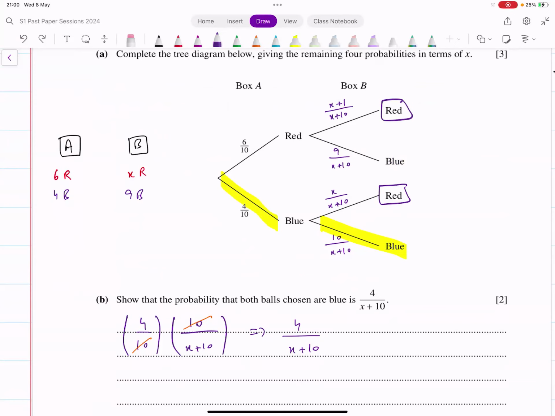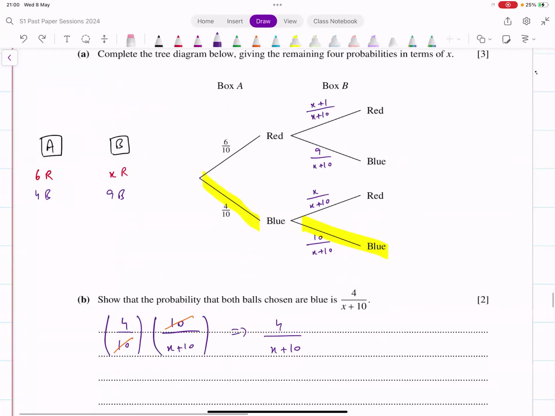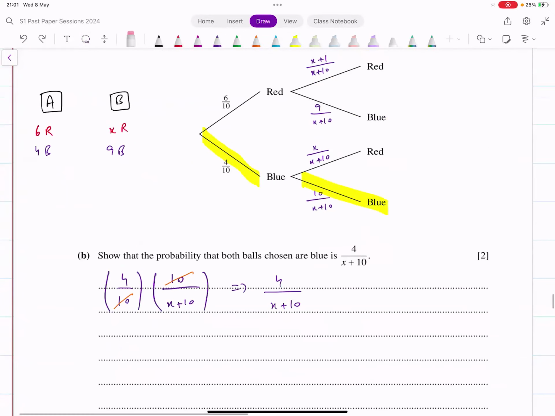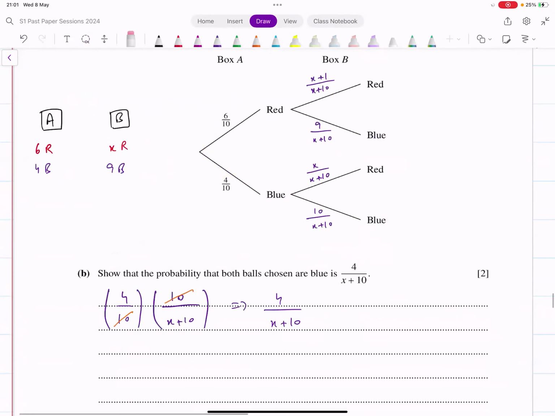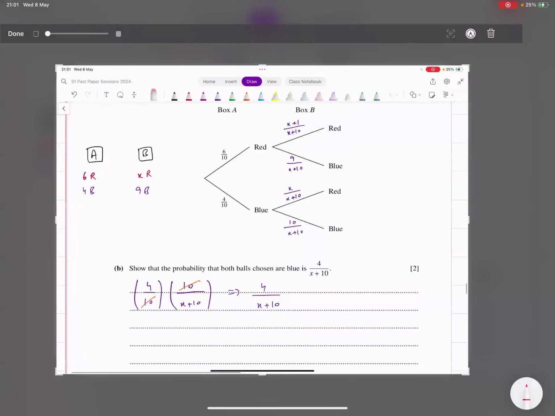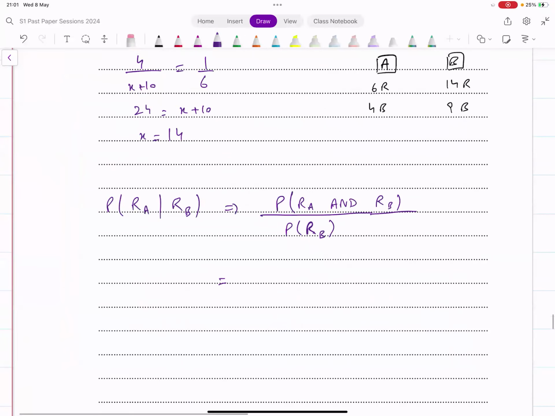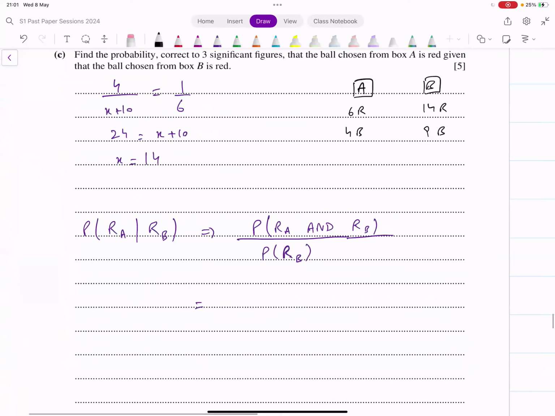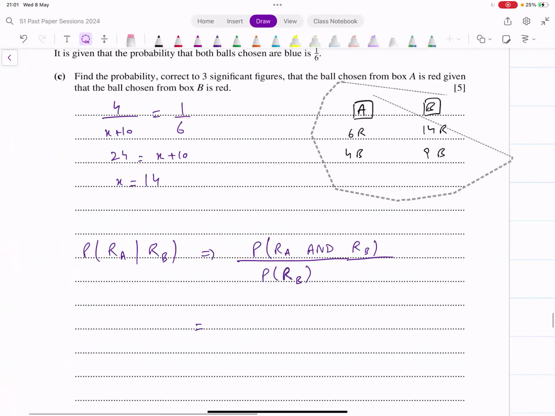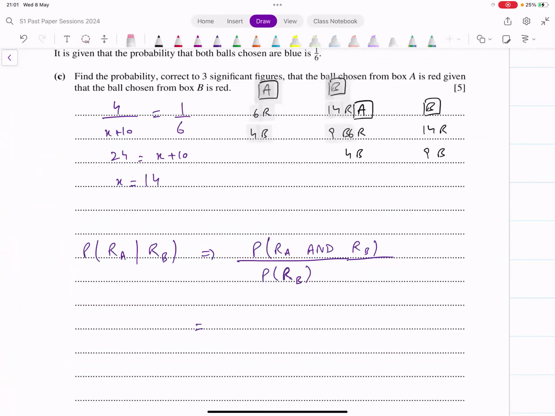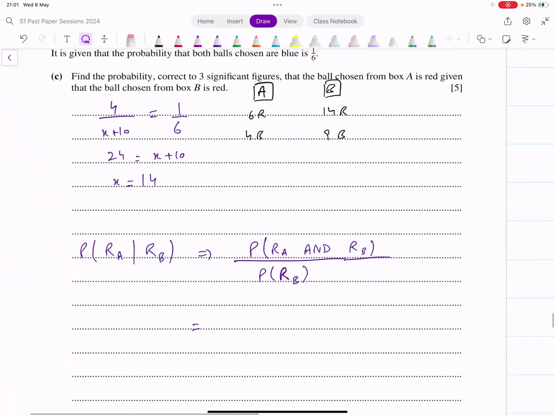Okay. Now, what we can actually do is to make things simpler and not do calculations in terms of x. We can make another tree diagram. I'll just do it here again. That will make things a lot simpler for you. So make another tree diagram where you have the values input for x. You have red, blue, red, blue, red, blue.